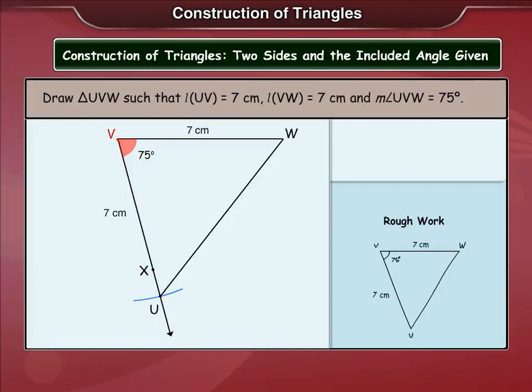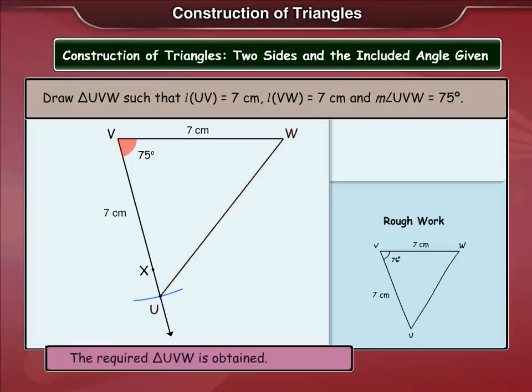First, let's draw a rough diagram of the required triangle. Now, let's write the measure of the angles and the length of the included side in the rough diagram. In triangle LMN, the measure of angle LMN is 35 degrees.